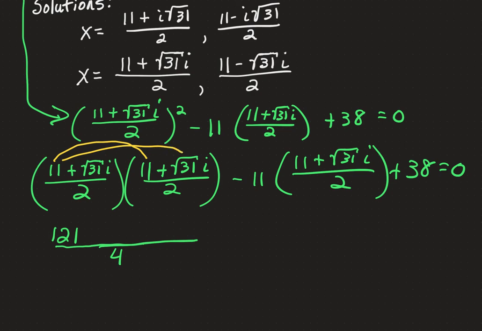And 11 times the square root of 31i is 11 square root of 31i. And then we'll continue and multiply square root of 31i times 11. So we get another 11 square root of 31i, because this is forming a perfect square trinomial anyways.